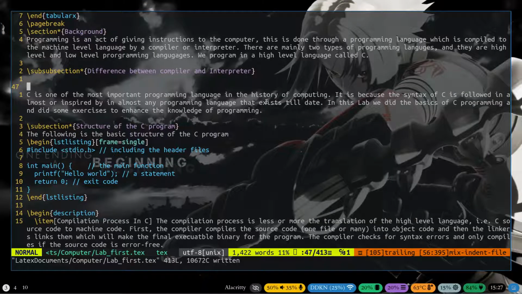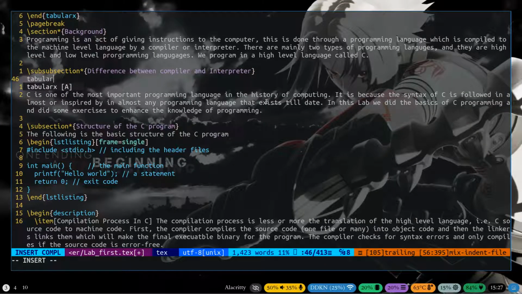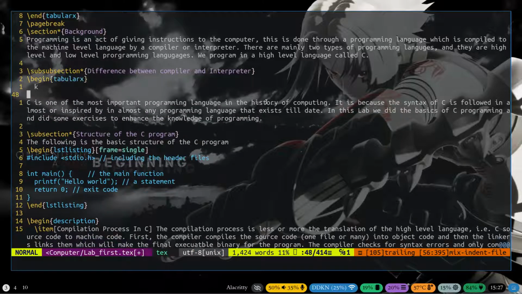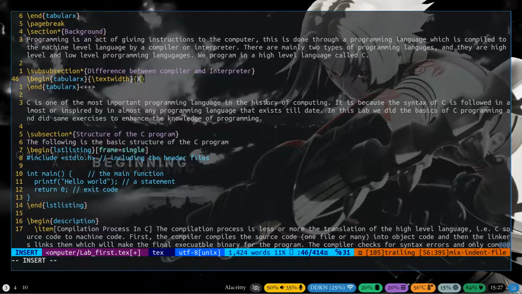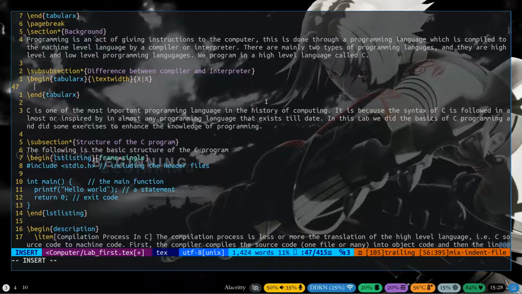Okay. You may say it is a large text: compiler, and large text: interpreter.